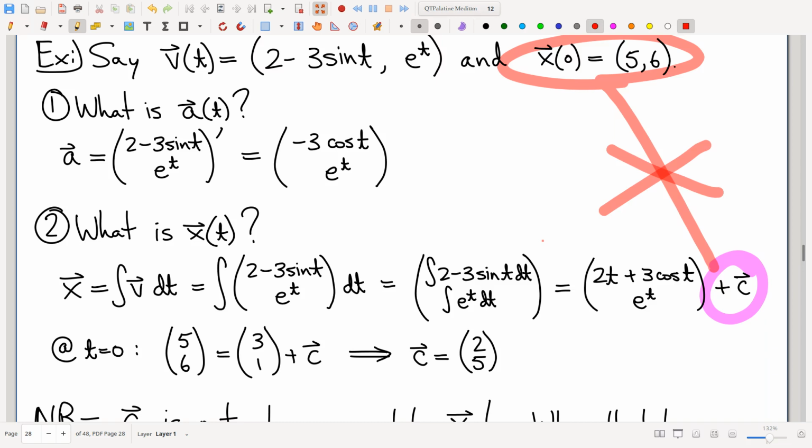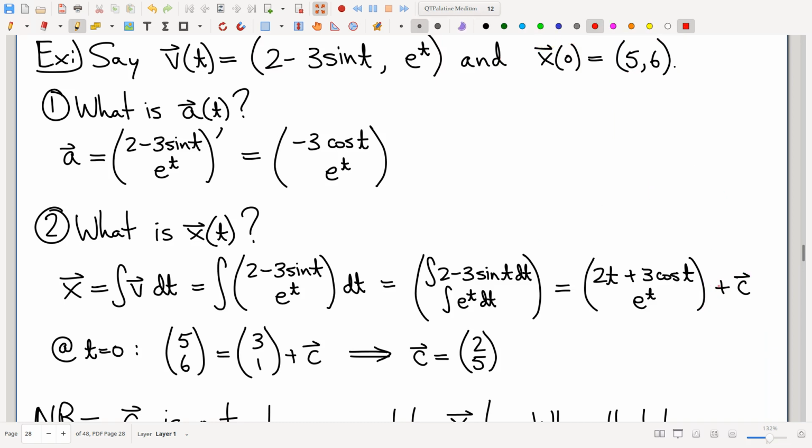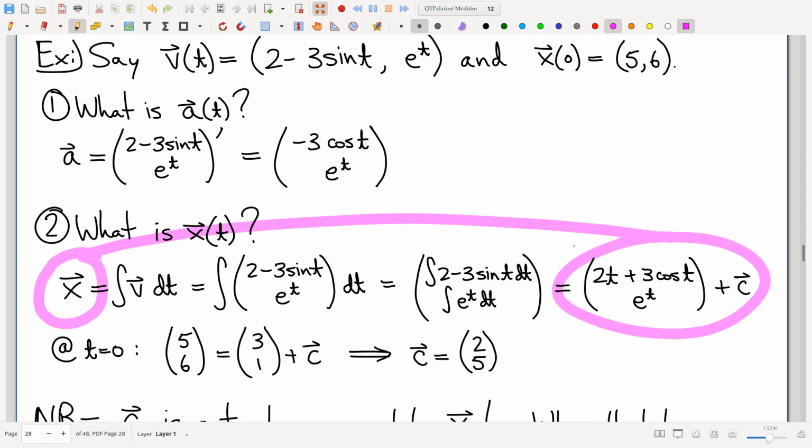The right reasoning is just a matter of remembering that this formula here works for all values of t. Therefore, it works for this value of t where you know what x is. So I'm going to take this value of t, whatever the value of t is that we were given, in this case 0 as it turns out, and I'm going to plug this into that equation that I have. It's true for all values of t, therefore it's true for this value of t.